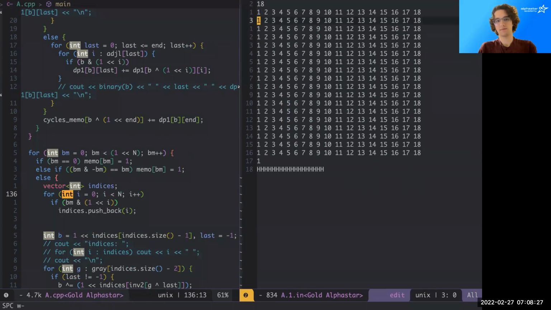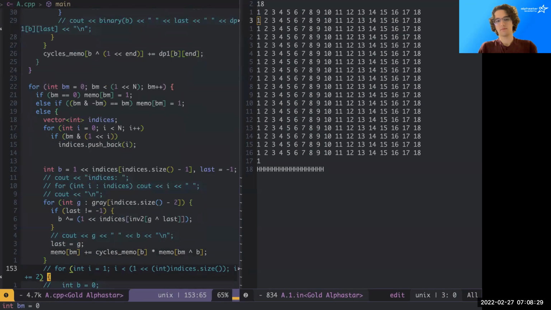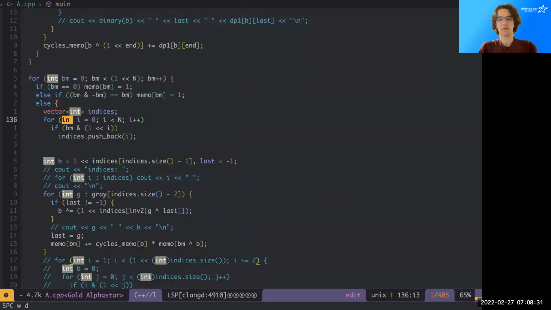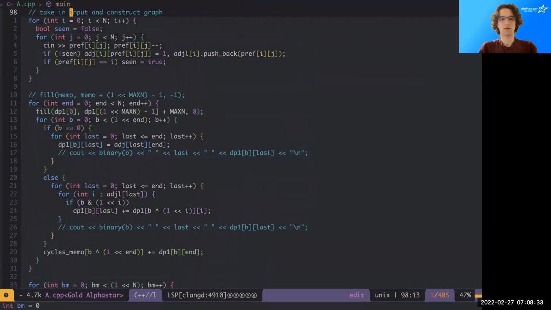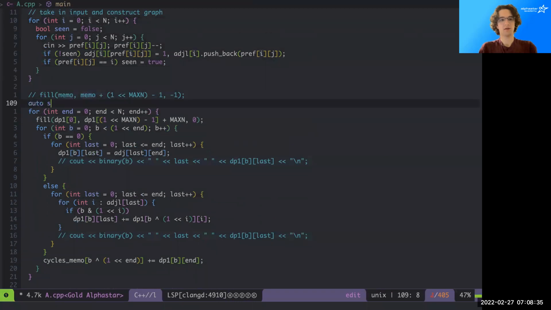So one thing that might be useful to do is to at least tell us how long we're taking on each part.